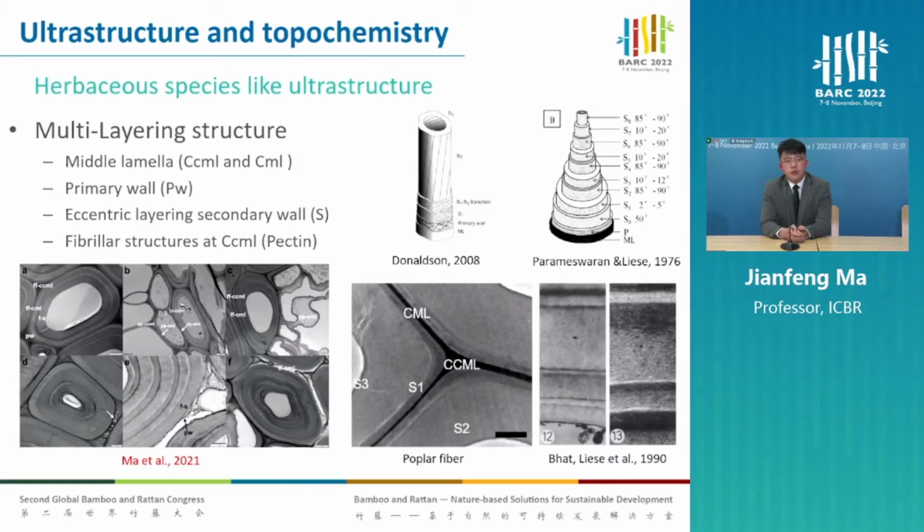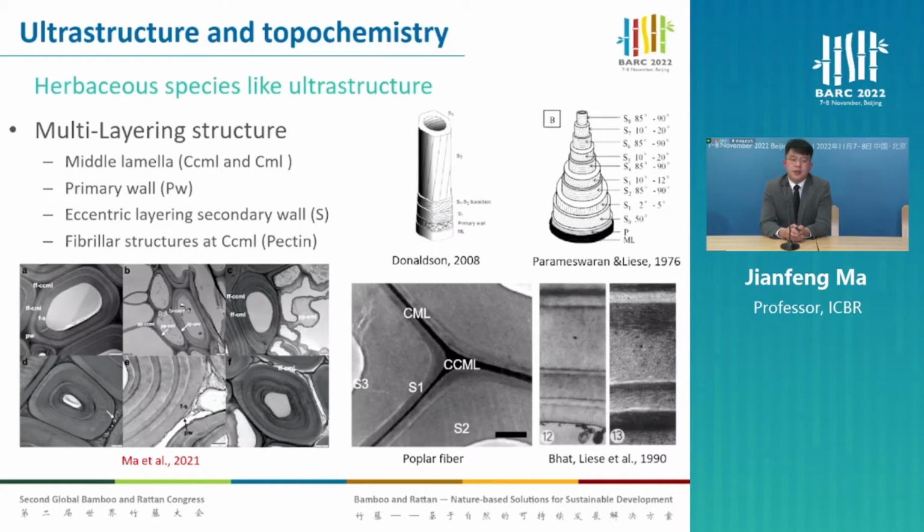Further, we tried to find the outer structure differences of the rattan compared with softwood, hardwood, and some grasses. The right side image is a typical cell wall model of softwood. The secondary wall of hardwood can be divided into 3 layers: the outer layer, the middle layer, and the inner layer.